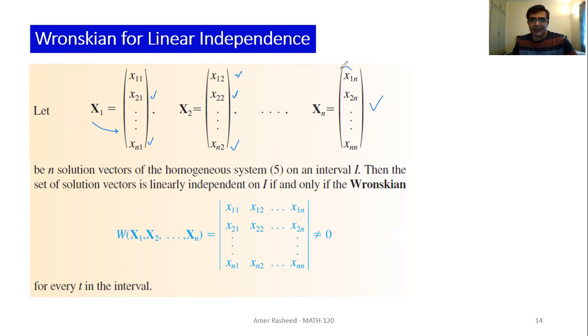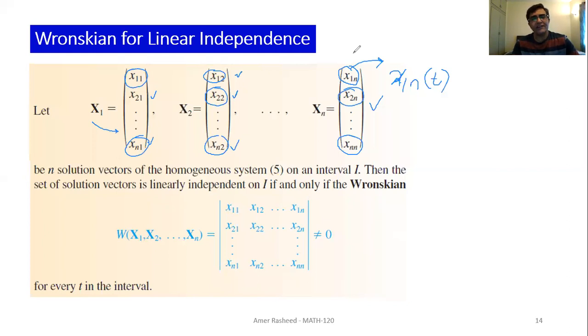These entries could depend on t. As we have seen in the previous example, x1n may be a function of t. If these entries are functions of t, then it would be difficult to solve that homogeneous linear system which we discussed on the previous slide.